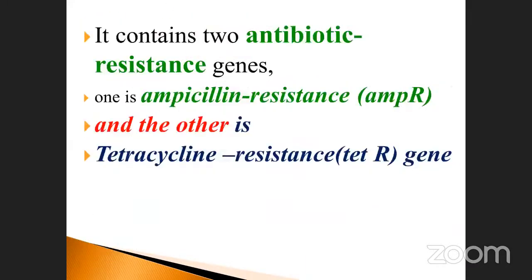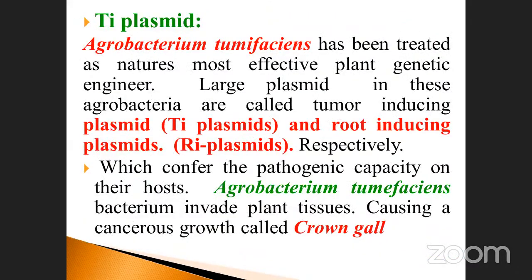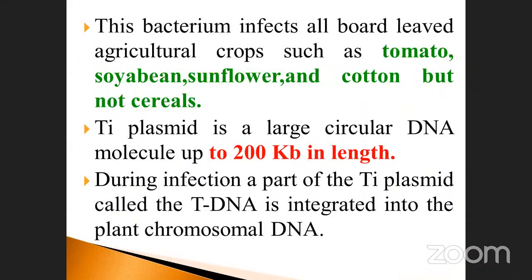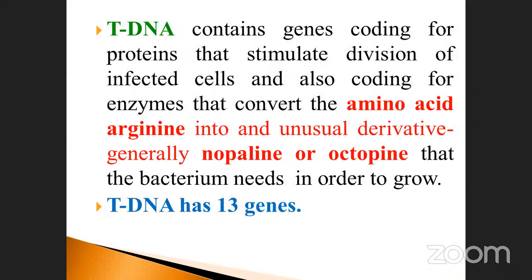So next, the T-DNA contains genes coding for the proteins that stimulate the divisions of the infected cell, and also coding for enzymes that convert the amino acid arginine into unusual derivatives, generally nopaline or octopine, that the bacterium needs in order to grow.